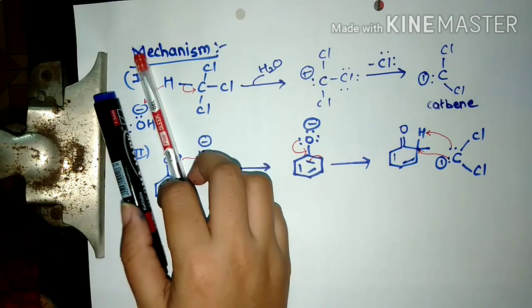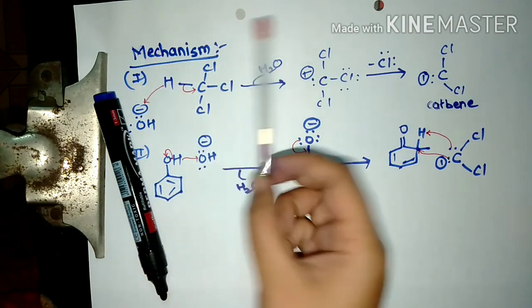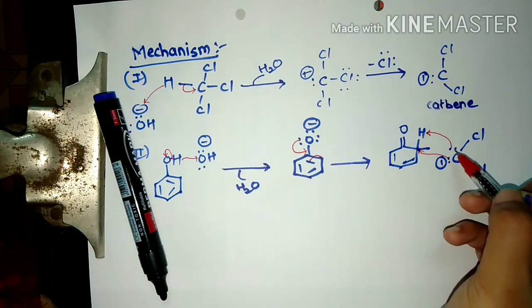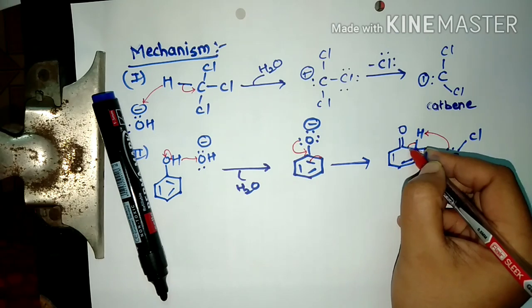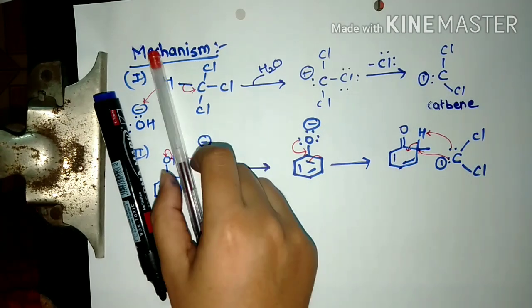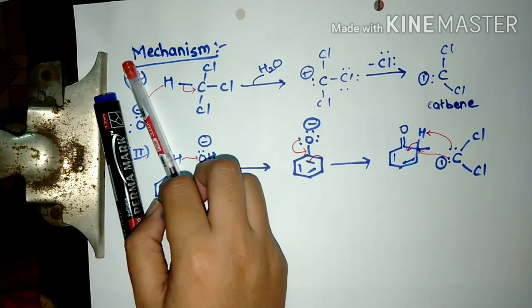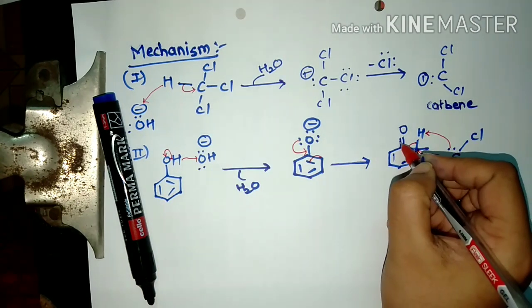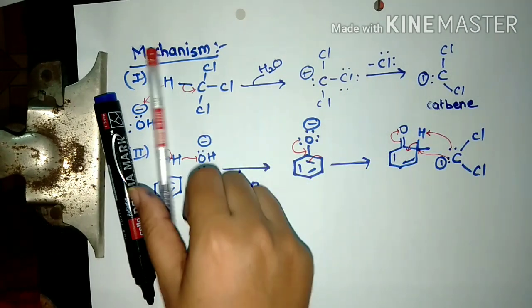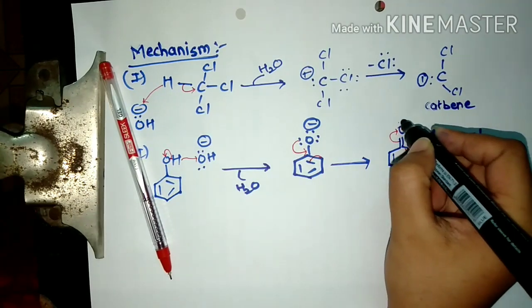Okay. After this formation of bond with this hydrogen, this bond will break down and it stabilizes the benzene ring. In this stabilization, what will happen? This double bond again gets shifted on the oxygen.